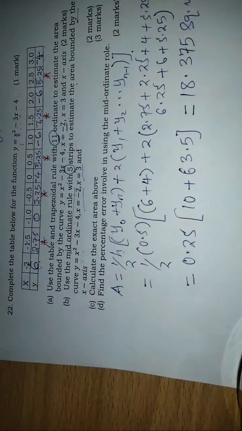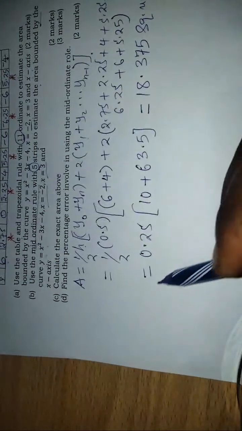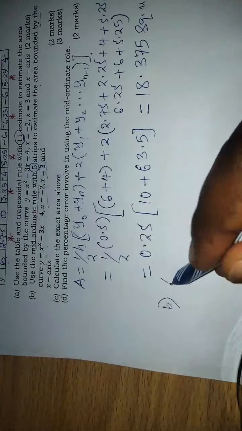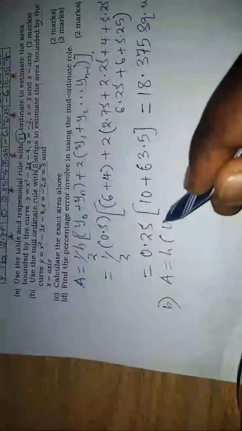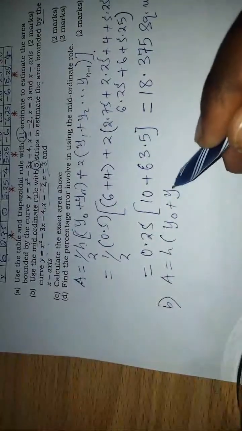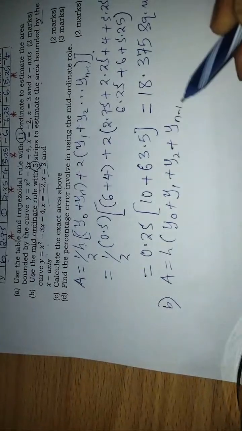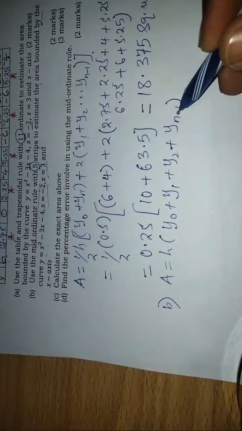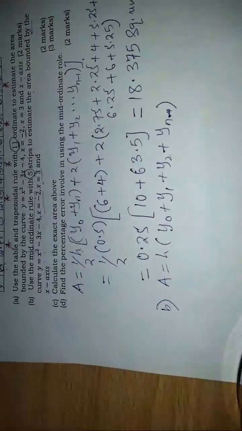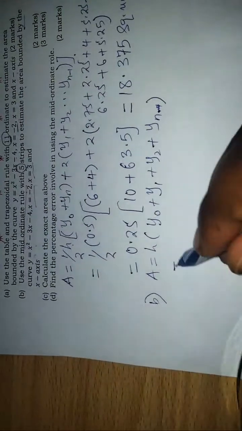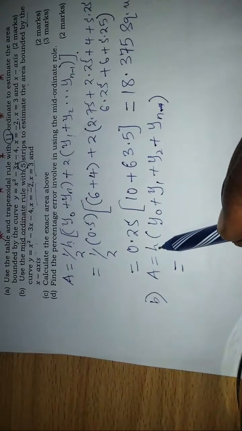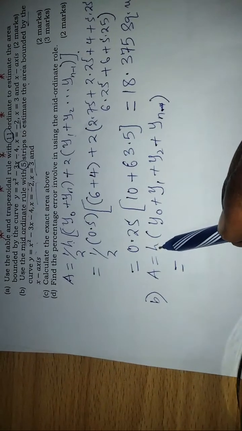And we are going to use them in our formula. So in part B, area will be given by h into y0 plus y1 plus y2 plus the last one, all of them, yn. So we will have the intervals as the height, intervals between these mid-ordinates now.